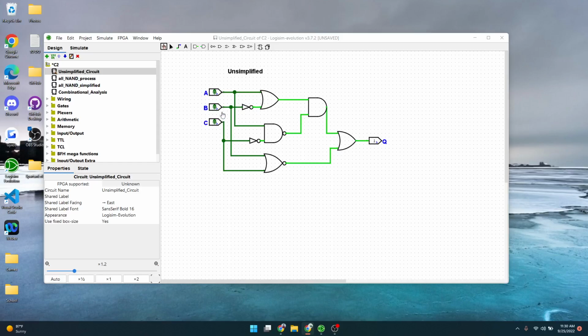So it's A and C, that's C prime, and then the whole thing is primed, and then they're both put into this AND gate. Lastly, that whole thing is ORed with B and C prime. So it's B and C prime ORed with that entire previous expression, and that'll give us our Q.